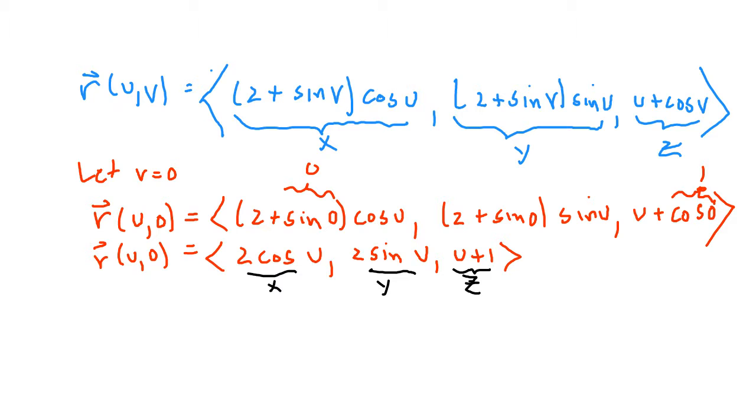So as u increases, what's happening to this space curve? Is it going up or down? It's going up. So if the horizontal motion is moving in circles, but it's going up at the same time, what describes that?